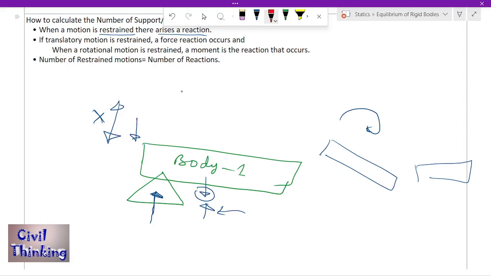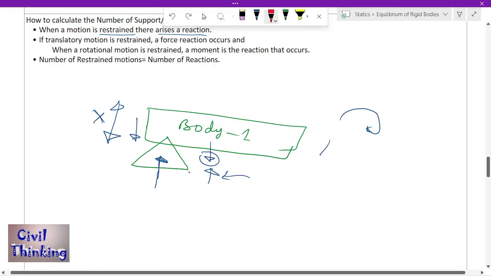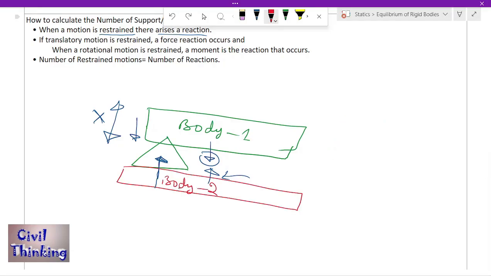But there is body 2, and it will not let it move downwards. It will not let any translatory motion happen because of this reaction force. So when a translatory motion is restrained, a force reaction occurs. This is a force reaction.